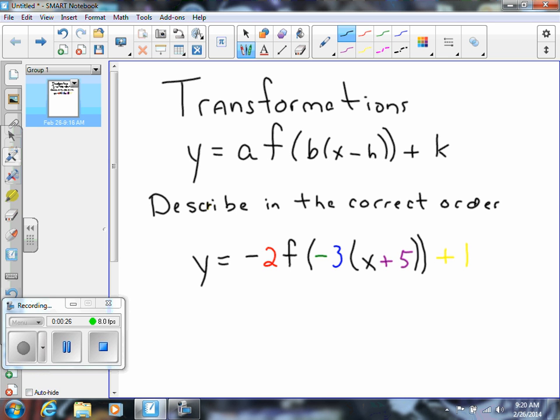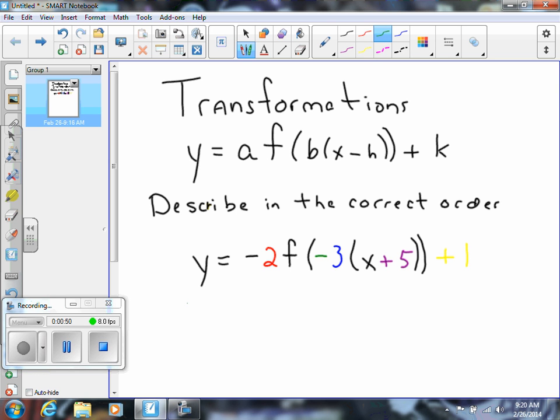So first of all, the first transformation we want to look for is a reflection across the y-axis, which in the graph that we're given, the formula y = -2f(-3x + 5) + 1, is represented by the green negative sign inside the brackets.